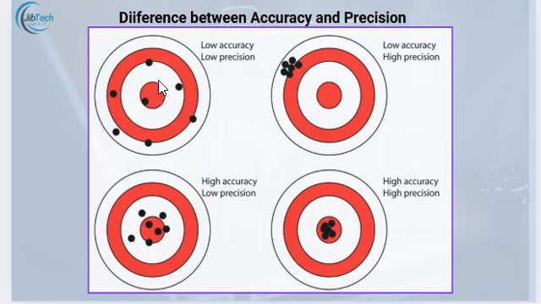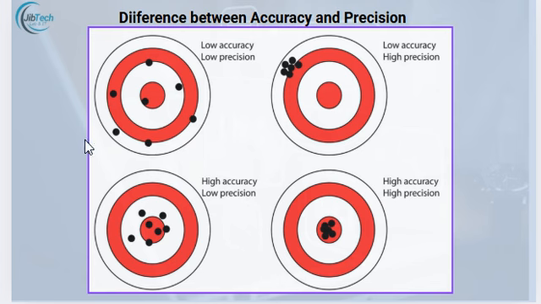All right, so let's take a look at the last diagram here. The last diagram is actually high in precision and high in accuracy. Why is that? We said an instrument is accurate when the value it gives is very close to the true value.